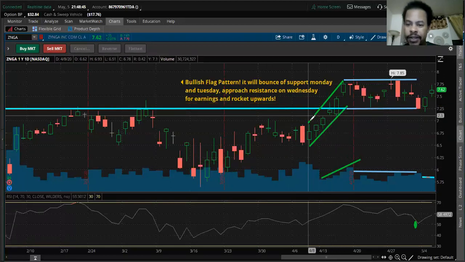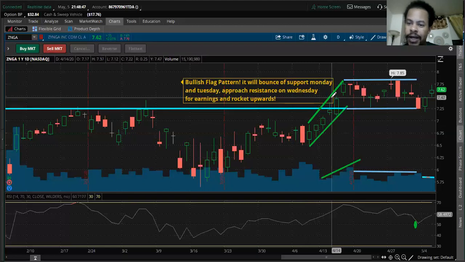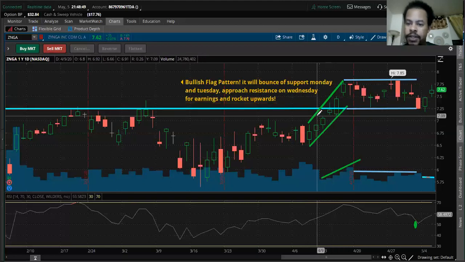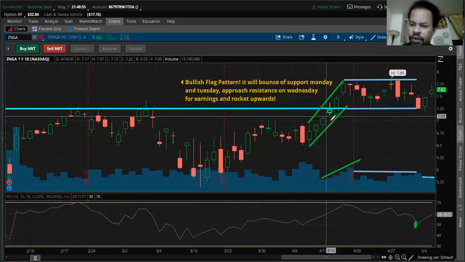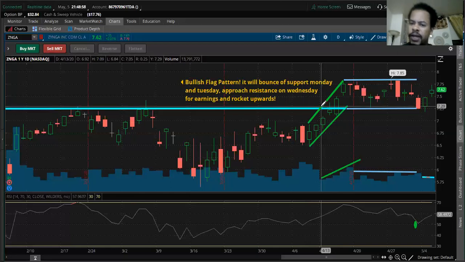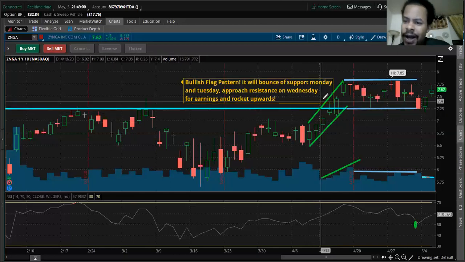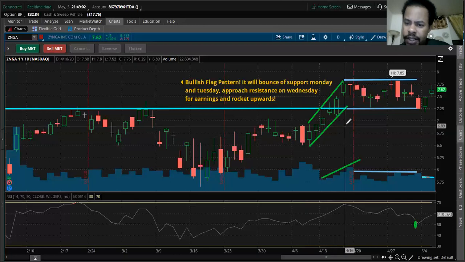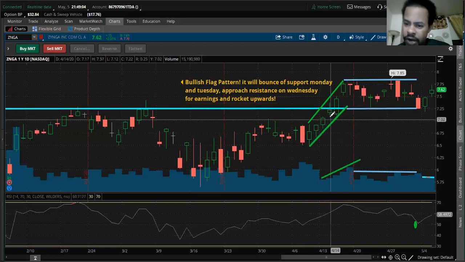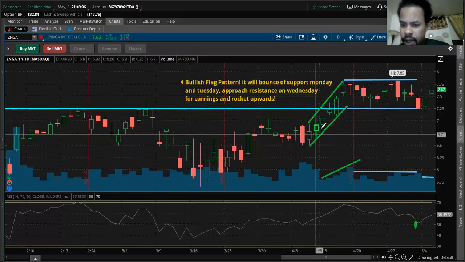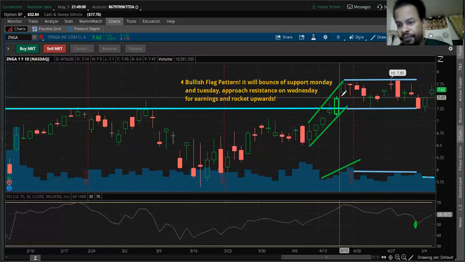Trend lines are lines that are connecting price trends, price movements. Over here I have two trend lines, one that's catching the highs and another one that's catching the lows. These two trend lines are creating a channel that's uptrending, so it's going up.